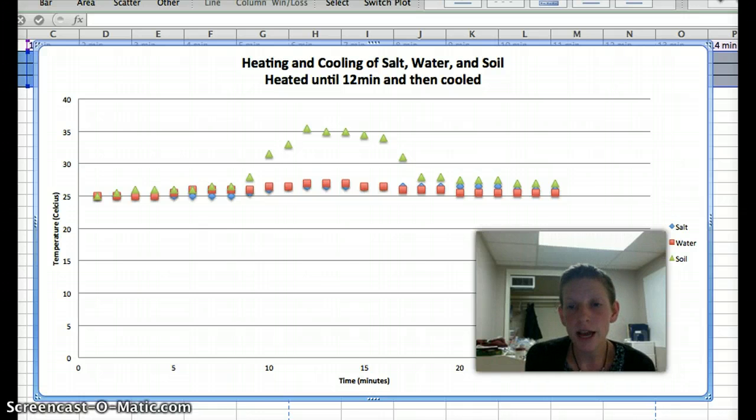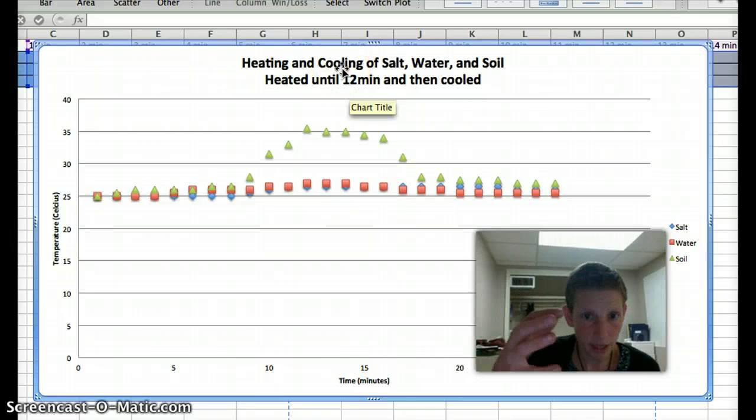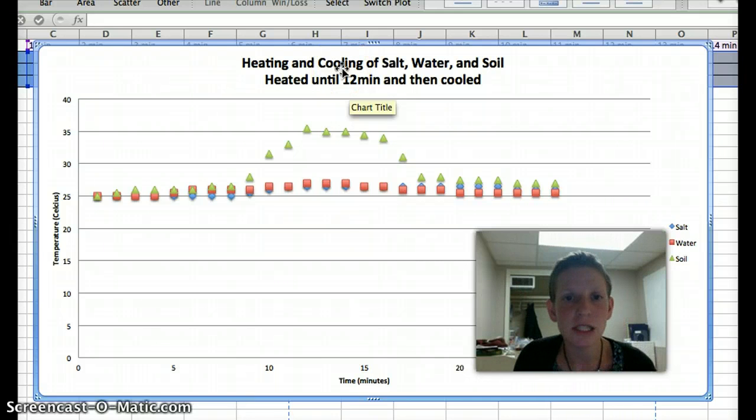So we looked at salt water and soil and what would happen when we heated up with a heat lamp above, kind of in replication of the sun. What would happen when we heated up soil, salts, and water. And then again, what happens when you turn that lamp off and the system cools.